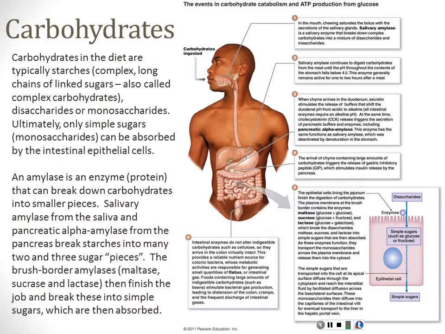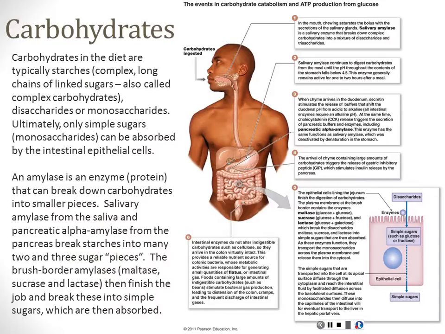So in carbohydrate digestion, I'm going to make a key here. This is a sugar, and I'm going to draw it as a circle. So a starch looks like this. It's these long branching chains of sugars.